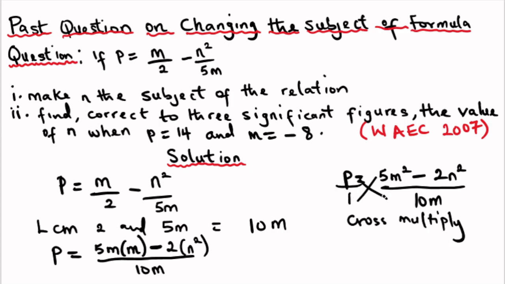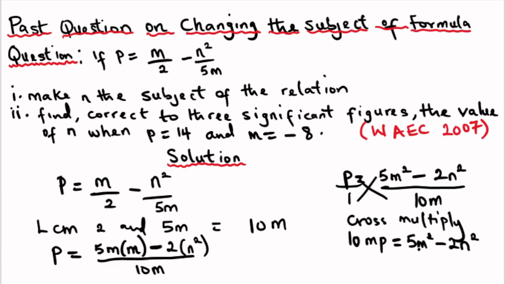So p times 10m will give us 10mp equals 5m squared minus 2n squared times 1 gives us 5m squared minus 2n squared.